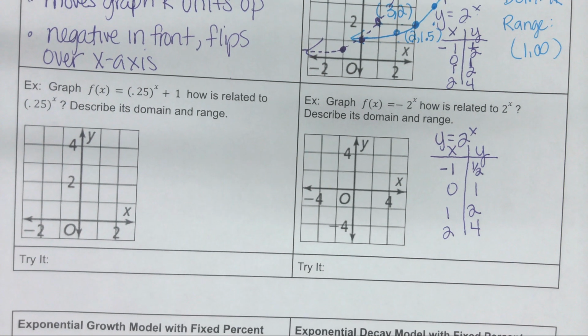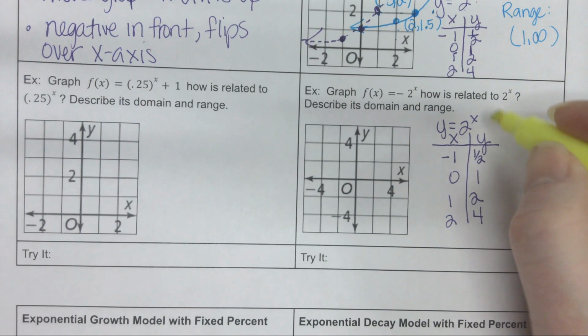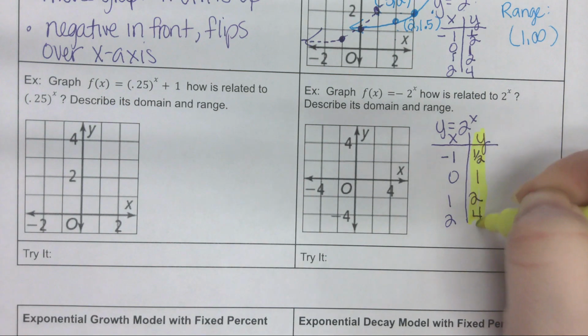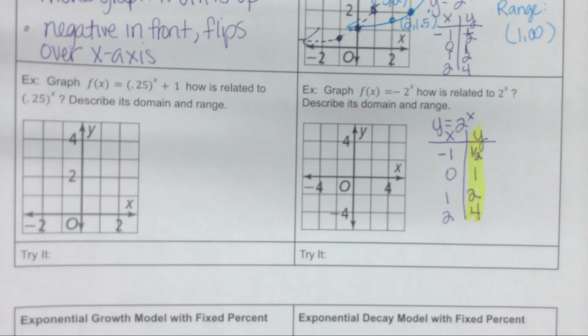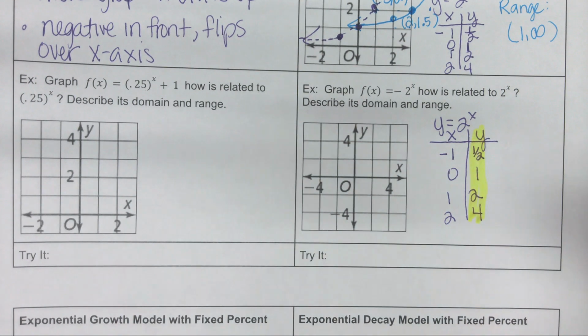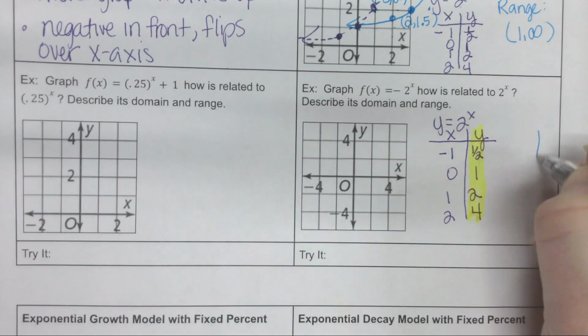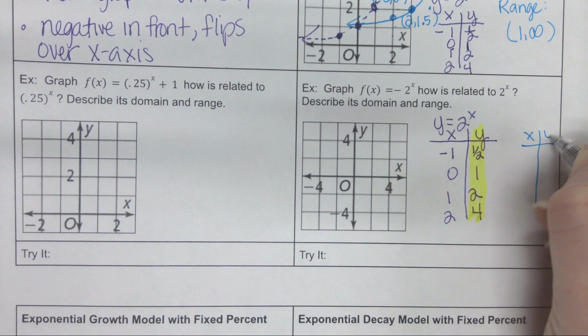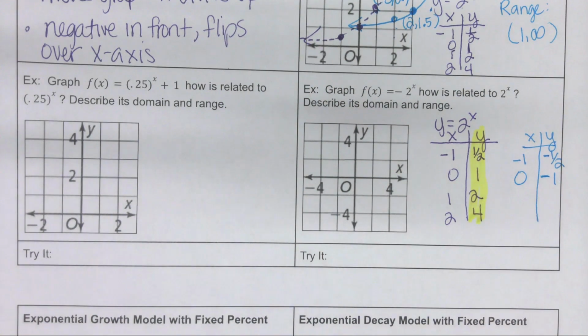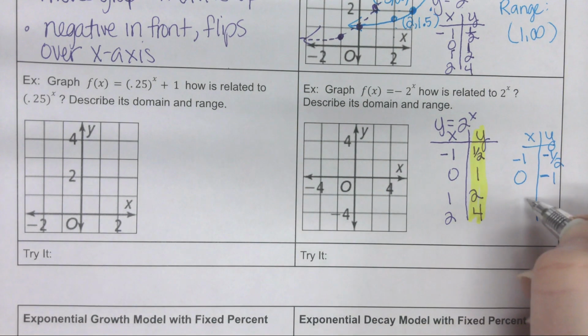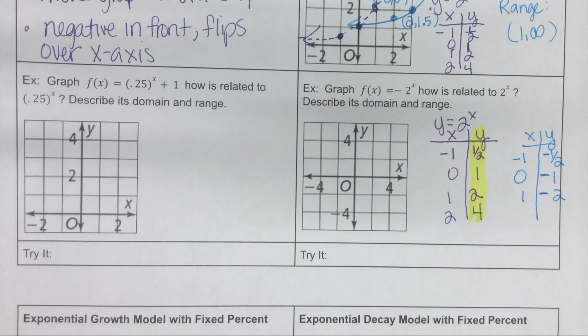What would happen to all of these values? Yes, they would just be flipped. They would be negative. So this instead would go to -1, -1/2, 0, -1, 1, -2, and 2, -4.